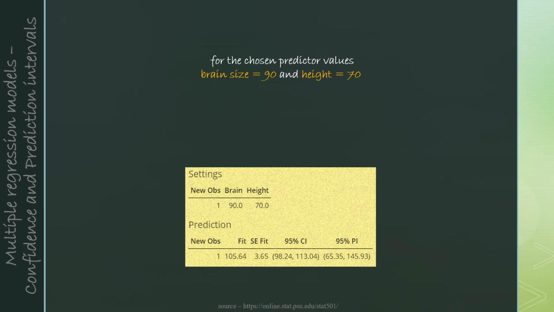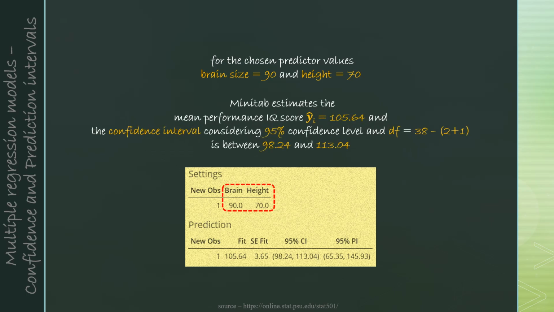For the chosen predictor values, brain size equal to 90 and height equal to 70, Minitab estimates the mean performance IQ score yi hat as 105.64 and the confidence interval considering 95% confidence level and degrees of freedom equal to sample size of 38 minus 2 plus 1 is between 98.24 and 113.04.